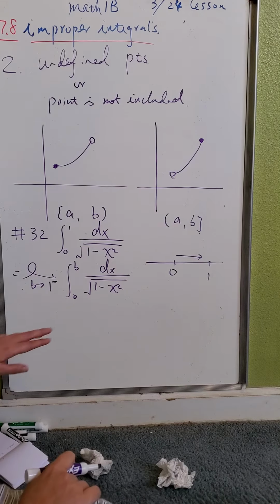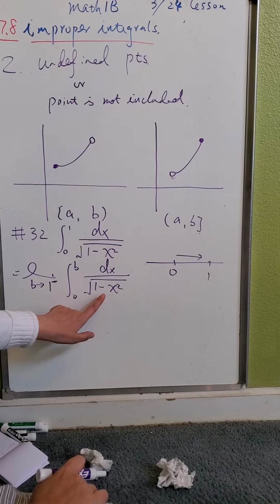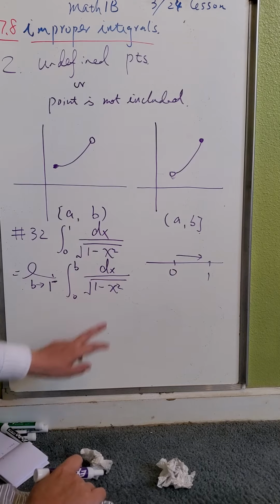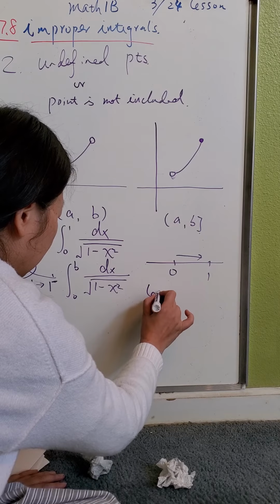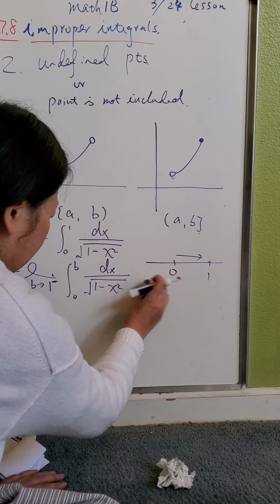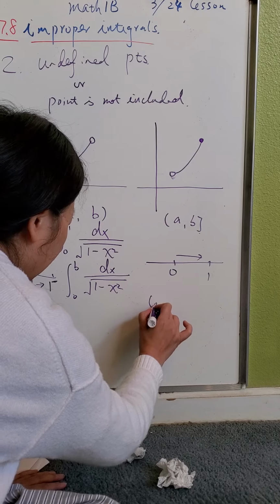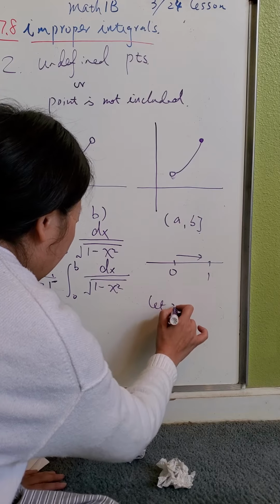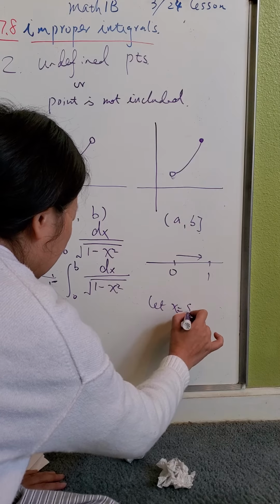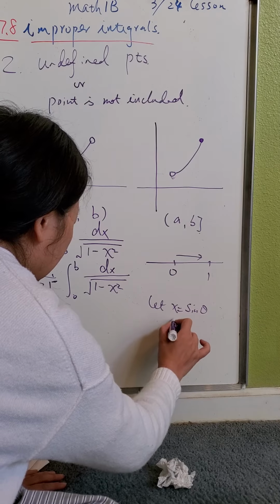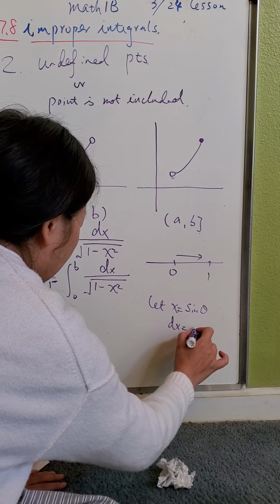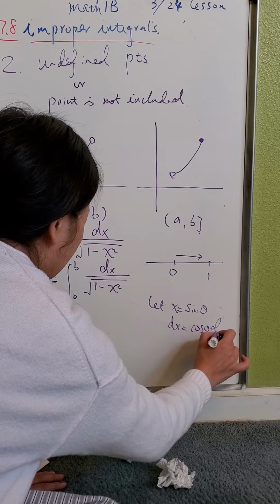Now what do I need to use? Trig substitution, right? So I'm going to let x equal sine theta, so dx equals cosine theta d theta.